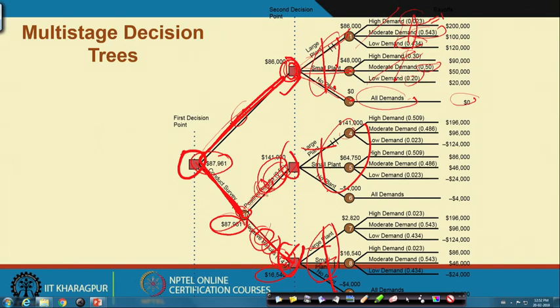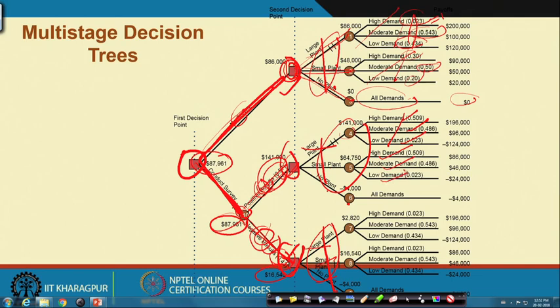Similarly, the second node can generate 3 different outputs against large plant, small plant and no plant. On further extension, large plant will produce 3 different outcomes corresponding to high demand, moderate demand and low demand, and similarly small plant can produce 3 different levels of output against high demand, moderate demand and low demand.